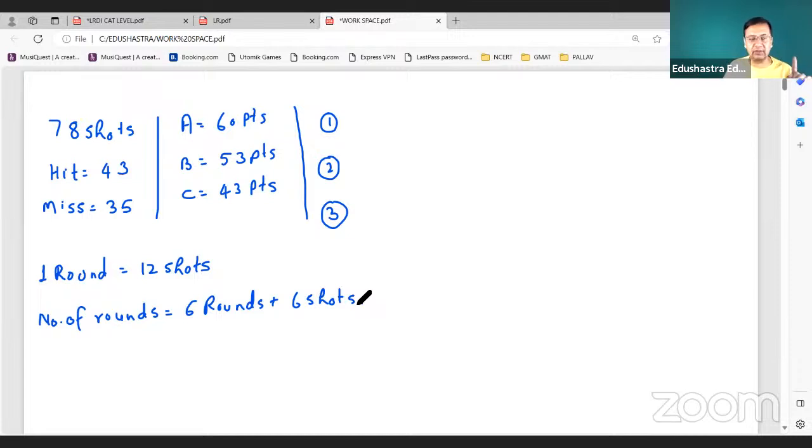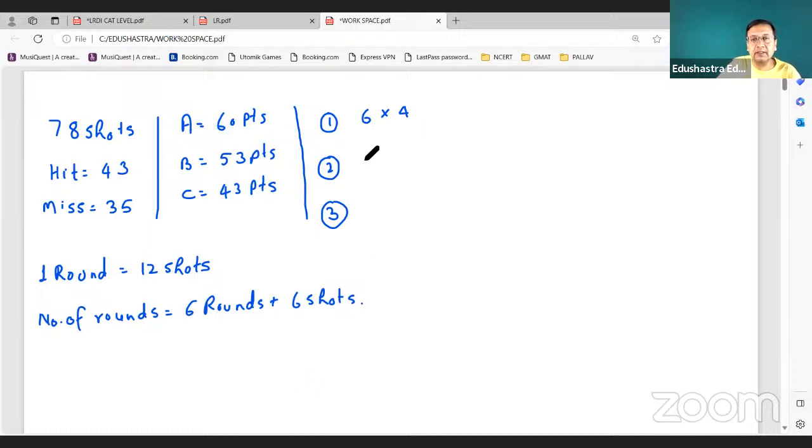So in 6 rounds, I can fire a total of 72 shots, and 6 shots are remaining. Done? Okay. So now I know the number of rounds. In this, the first person is shooting the target, right? And the first person is shooting 6 rounds, and 4 shots in every round, right?